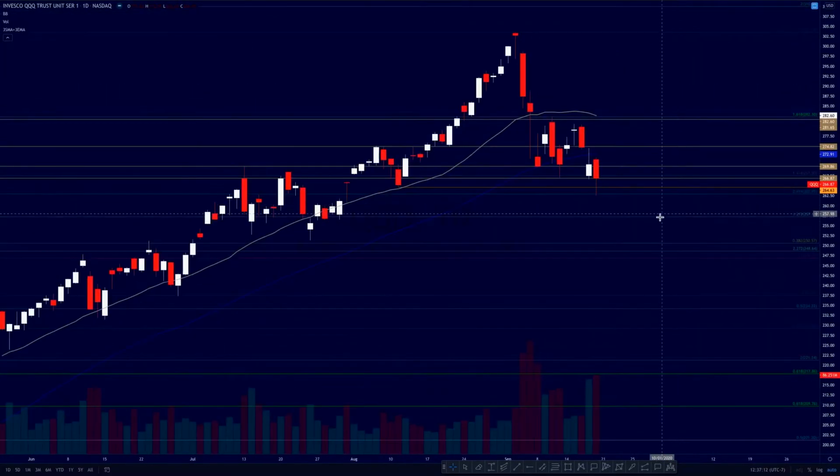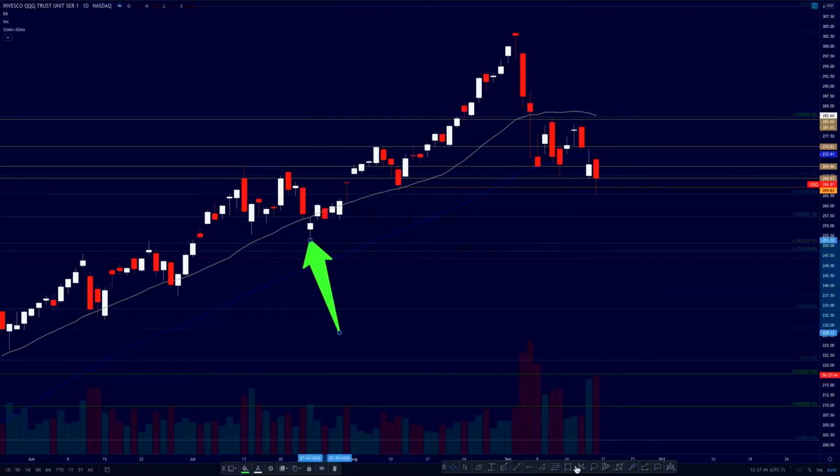What I liked about QQQ is this hammer was an indicator to sell or buy puts, a big indicator, and you would have had some massive gains. Now we closed below the 50 on the weekly, on a 50 MA backtest, volume, slight buying pressure, and I think this could maintain the higher low, because you have a higher low here.